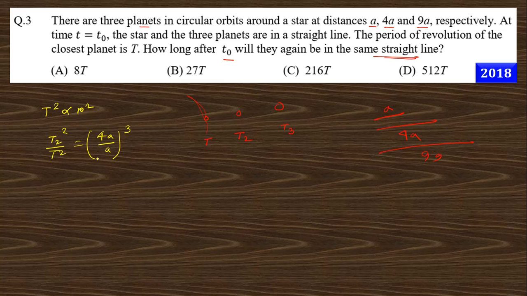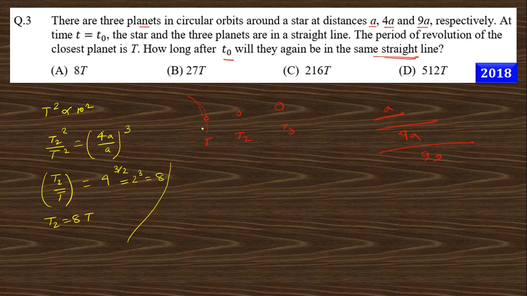If you cancel out, T2 by T is nothing but 4 to the power 3 by 2, which is 2 cube, that is 8. So T2 is nothing but 8T.